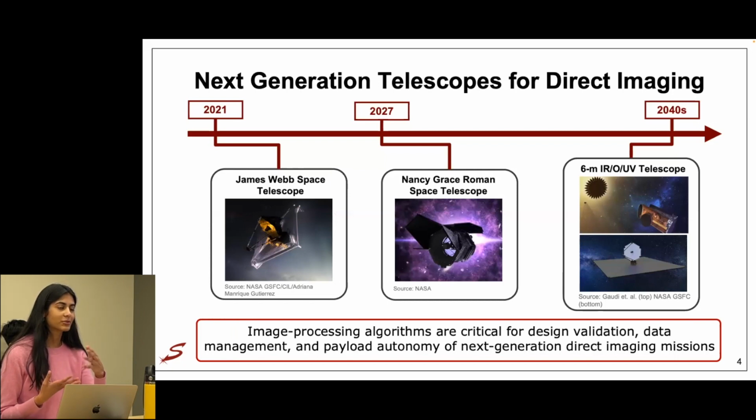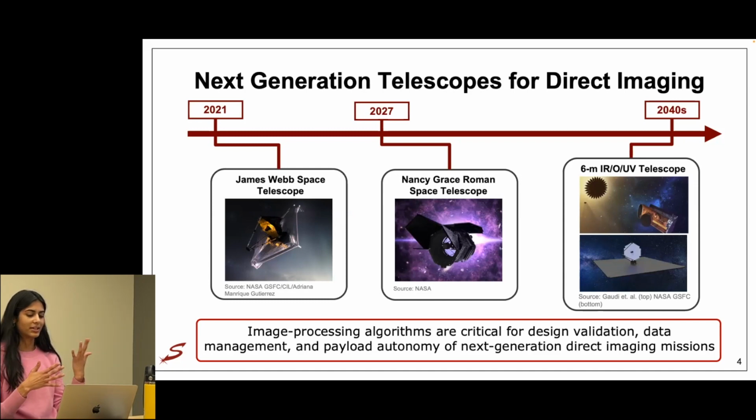So to achieve this goal of direct imaging, we then need very advanced direct imaging missions. And in order to achieve the goal of atmospheric and spectral characterization, our direct imaging technology needs to be more advanced than it has been to date. Underpinning the success of these direct imaging missions is the ability to analyze and interpret the resulting data.